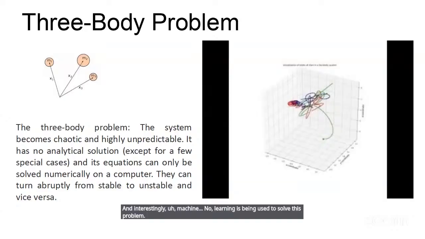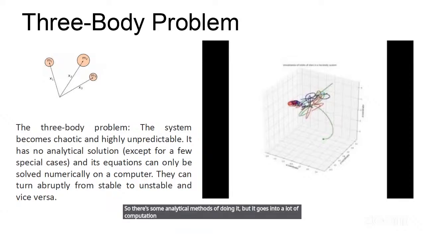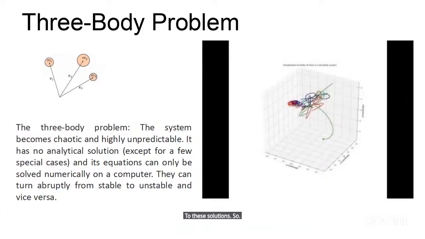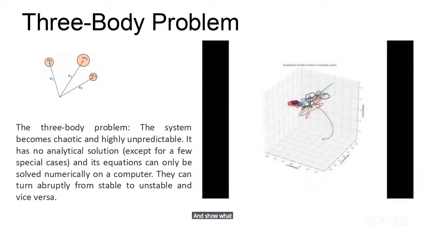There are some analytical methods of doing it, but it goes into a lot of computation. But machine learning has been able to give exceptionally good results. Basically, you train machines with different masses, different initial velocities and different positions, and show what the outcome is. This is trained for many such cases.